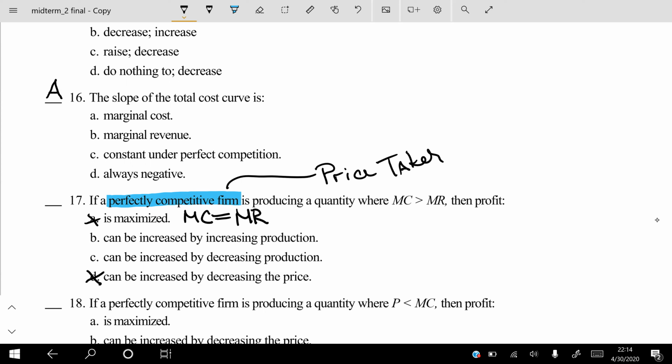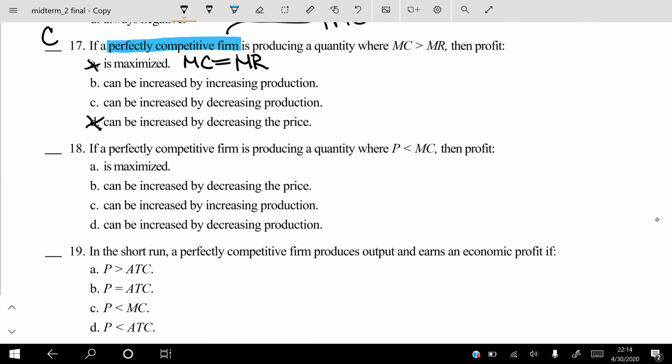If a perfectly competitive firm is producing a quantity where P is less than MC, then profit is, well, remember, again, what are we dealing with? Perfectly competitive firm. So in this, MR is equal to price.